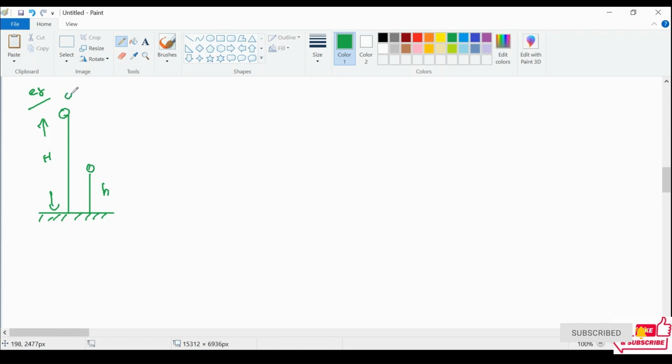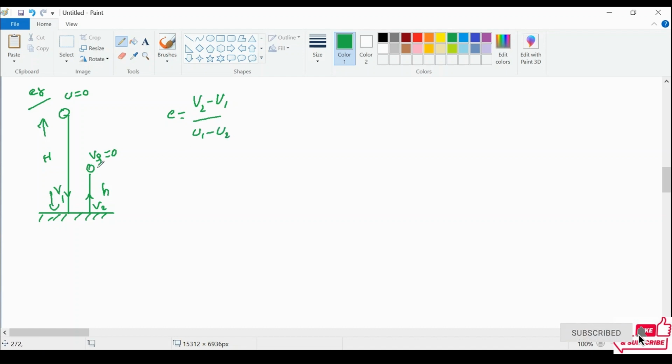When it is falling down, its initial velocity is 0, and it will fall with final velocity v, and it will bounce back with some velocity. This is v1 and this is v2, and the final velocity will become 0, until that it can reach a height, right? Correct. So E definition is v2 minus v1 by u1 minus u2.